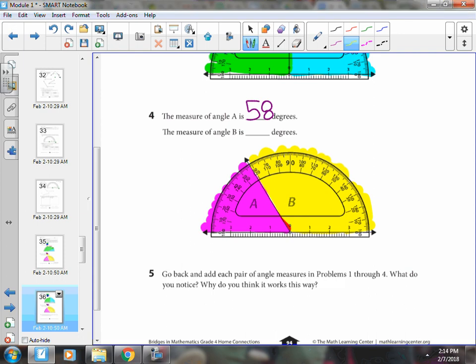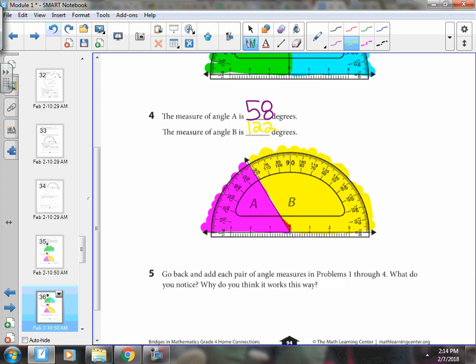It's actually a little past 120, so I hope you didn't write like 119. It's more than 120. It's between 120 and 130. So I would say like 121, 122, somewhere around there. Maybe 122. But again, if you wrote like 120, that's fine. I always give kids a couple of degrees of wiggle room.